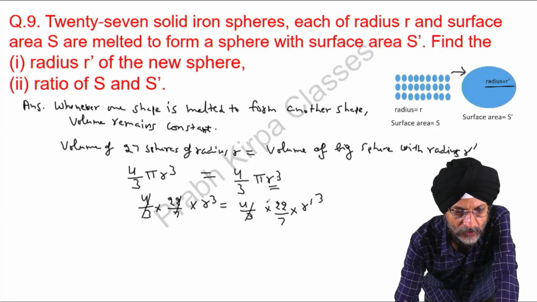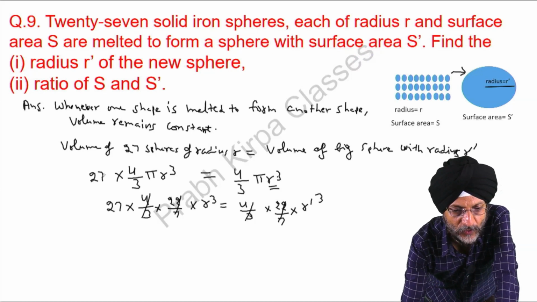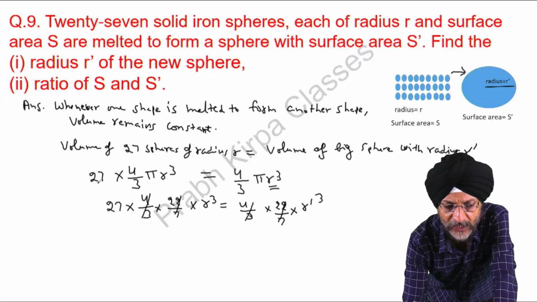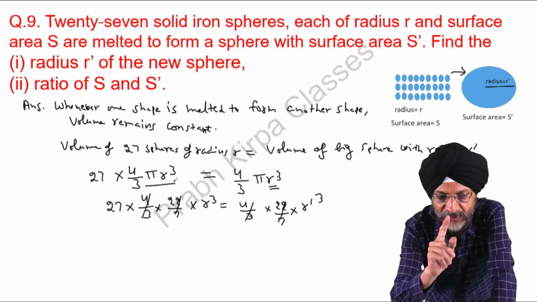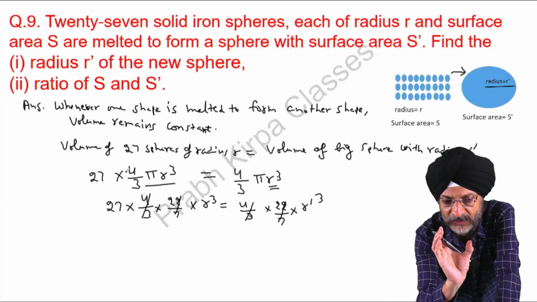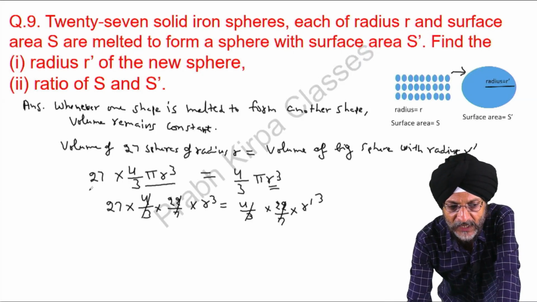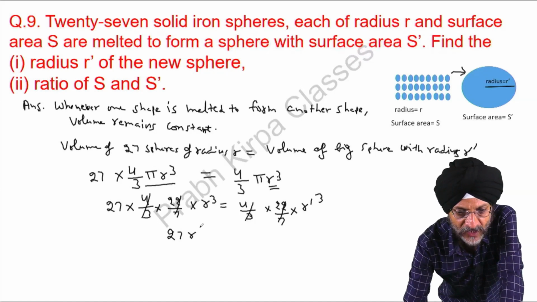What is left is the volume of 27 spheres. We multiply by 27 because 4 over 3 pi r cube is the volume of one sphere, and these are 27 small spheres. So what is left is 27 r cube is equal to r dash cube.